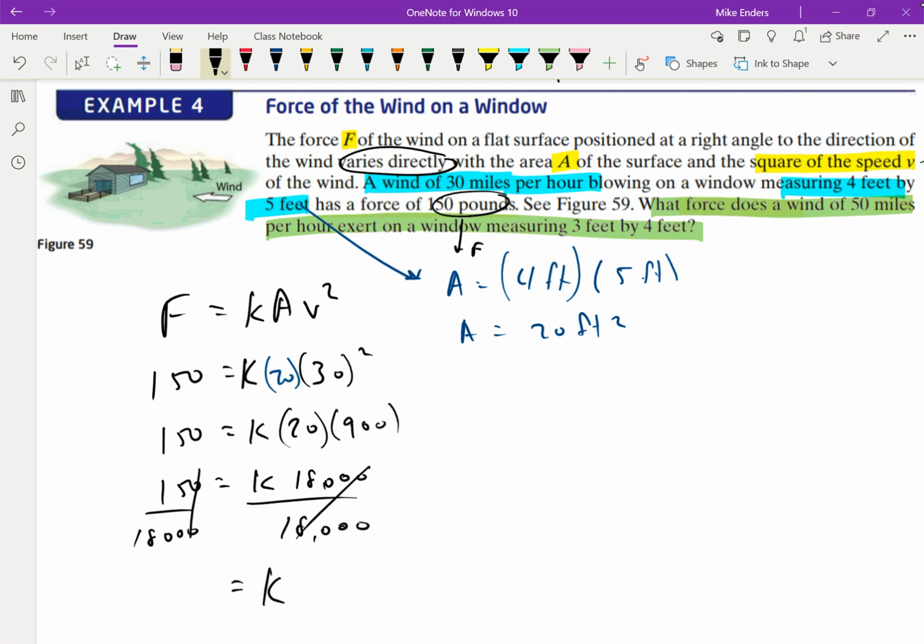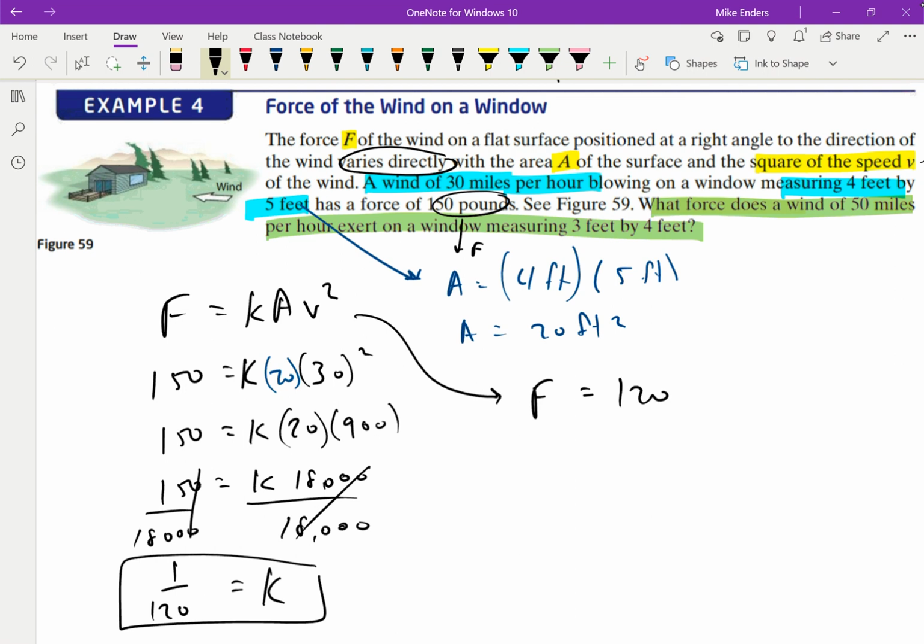So I've got 150 over 18,000, and if we reduce, we end up with 1 over 120. So there's my constant. Now I can put that back into this equation. So F equals 1/120th times A times V squared.